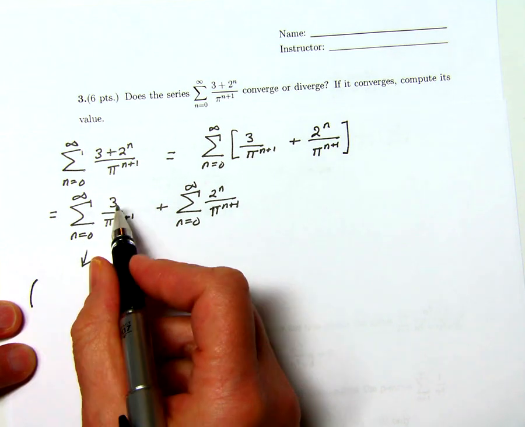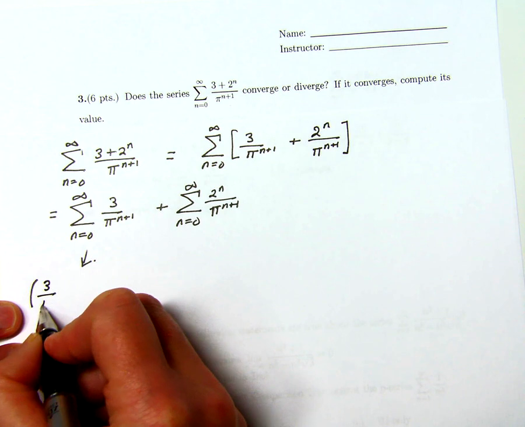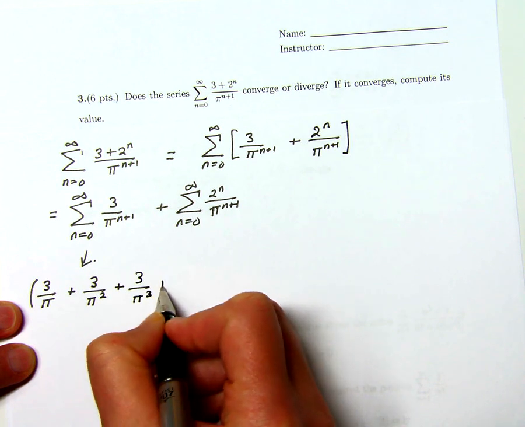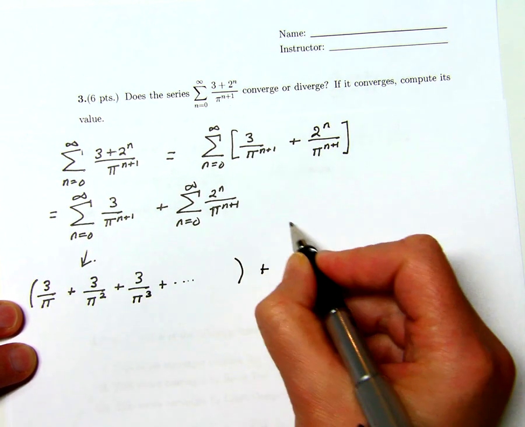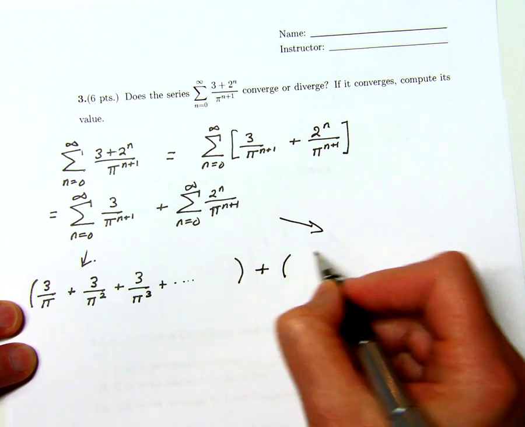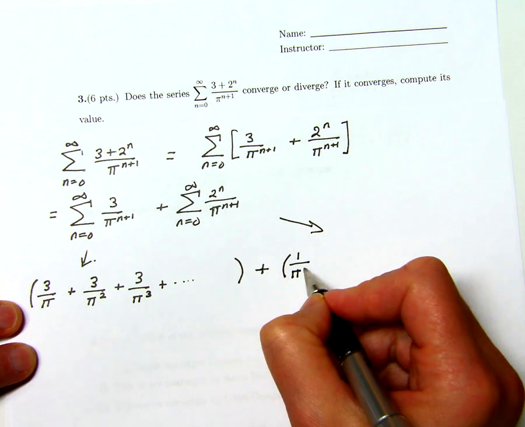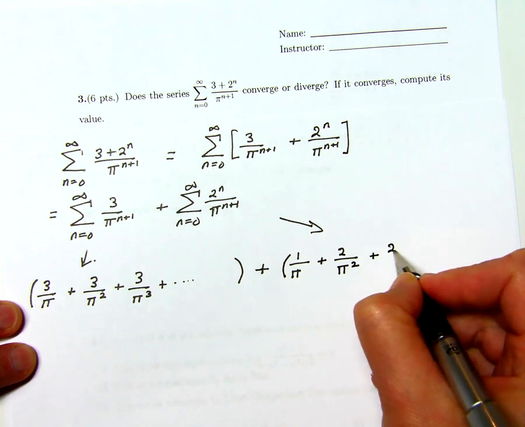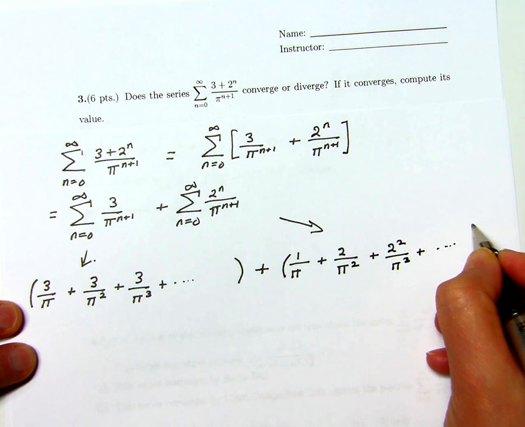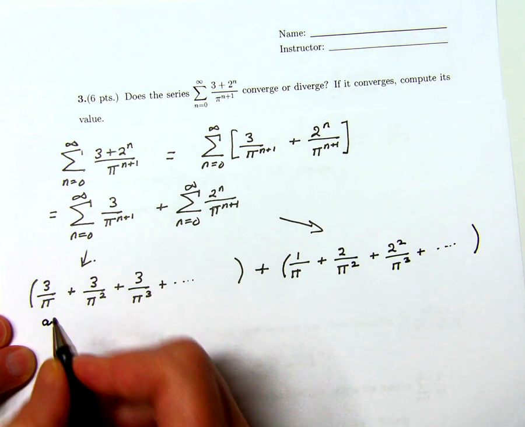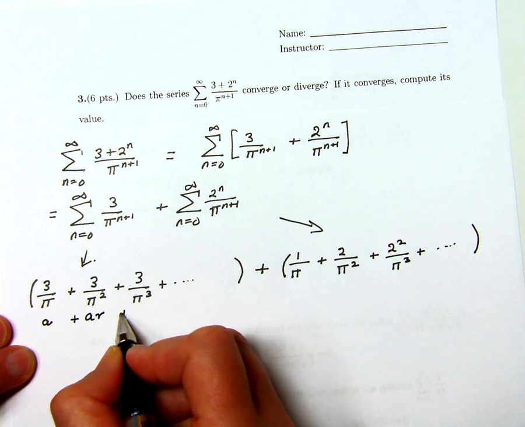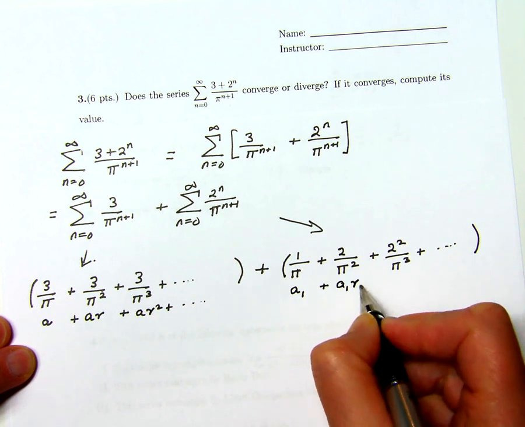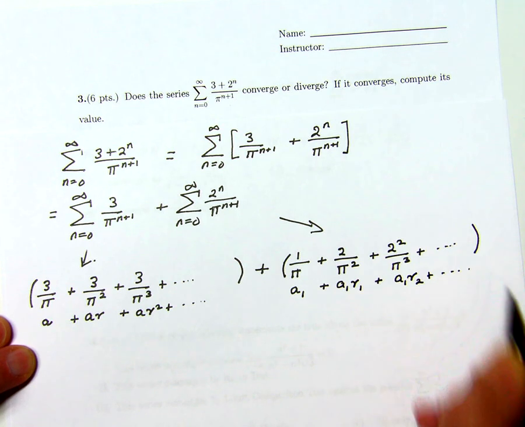So this one is equal to 3 over pi to the 0 plus 1, so that's 3 over pi, plus 3 over pi to the 1 plus 1, so that's 3 over pi squared, plus 3 over pi cubed, etc. Now this other one is equal to, the first term is 2 to the 0, which is 1, over pi to the 0 plus 1, so that's pi to the 1, plus 2 to the 1 over pi squared plus 2 squared over pi cubed, etc. Now, remember, as a geometric series, this is a plus a times r plus a times r squared, and this one is some other a1 plus a1 times r1 plus a1 times r1 squared, etc.